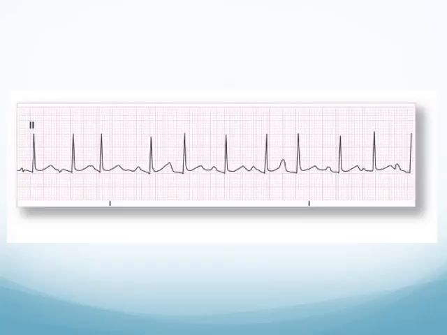The QRS complexes appear to be similar in morphology. They're narrow. We have a tachycardic rhythm with multiple morphologies of P waves. So we know this is a multifocal atrial tachycardia.